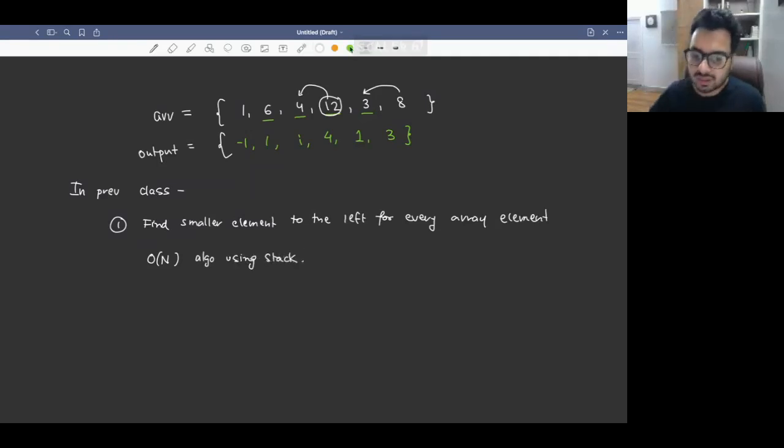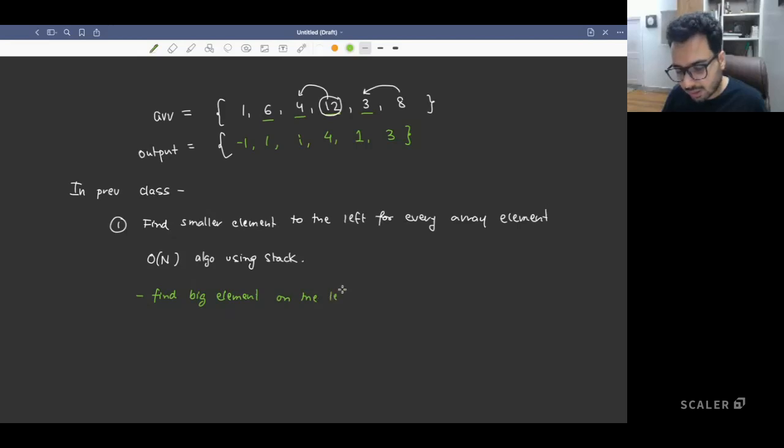Now tell me, if I change the question, can I find the next bigger element on the left using the same algorithm?